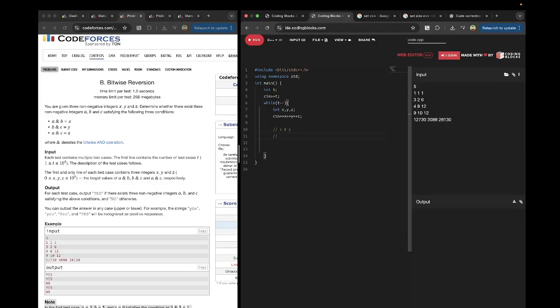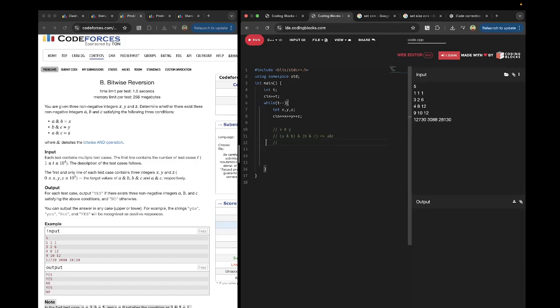So x and y is basically a and b and b and c. Does that make any sense? So this should be equivalent to a and c, right? Which is z.